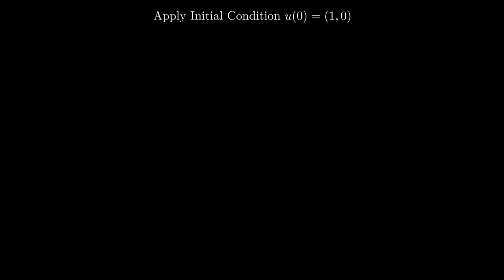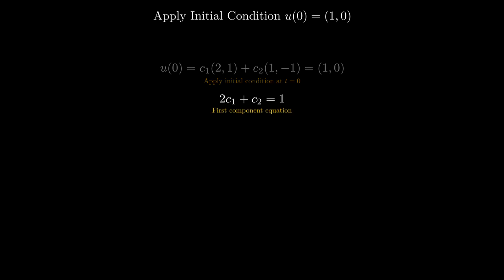Now apply the initial condition. At t equals 0, e to the negative 3t equals 1. So u of 0 simplifies to c1 times the vector 2, 1, plus c2 times the vector 1, negative 1. This must equal the initial vector 1, 0. Matching components gives two equations. The first component reads 2 c1 plus c2 equals 1.